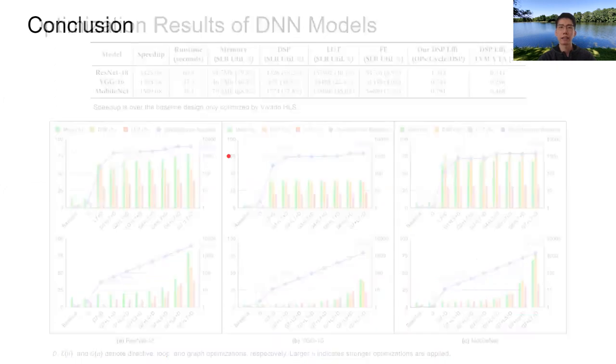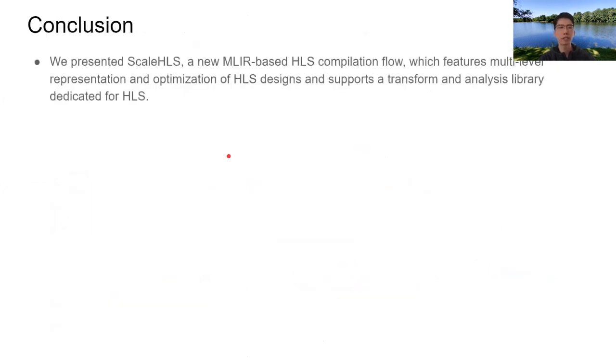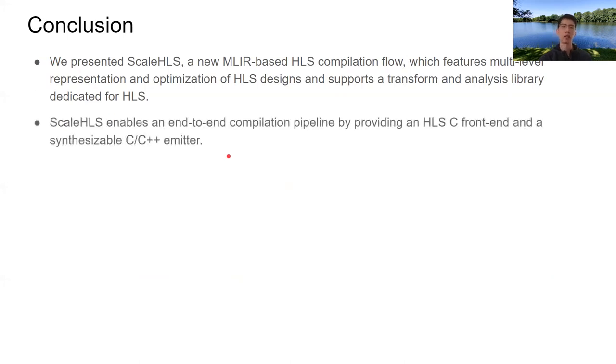All right, and this is the experiment. So the conclusion: first, we present a new framework called ScaleHLS, which is an HLS compilation flow and can represent high-level synthesis designs at multiple levels of representation and optimize HLS designs at different abstraction levels.